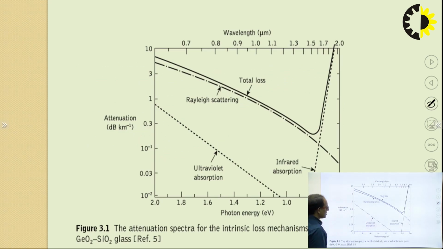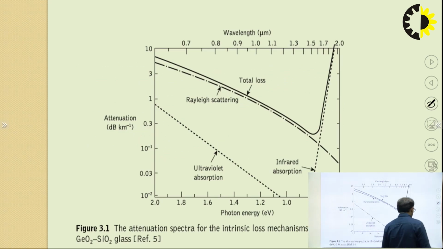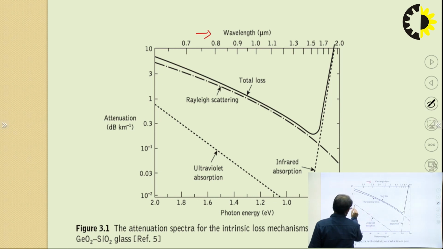So now this is the graph which I have taken from John M. Senior, the graph of the attenuation with respect to the electron energy and also with respect to the wavelength. Now see that if I increase the wavelength of the signal, the ultraviolet absorption decreases up to a certain point, around 1.3 micrometer.